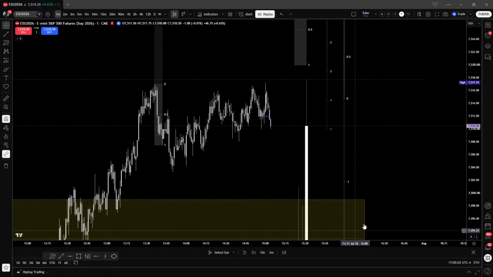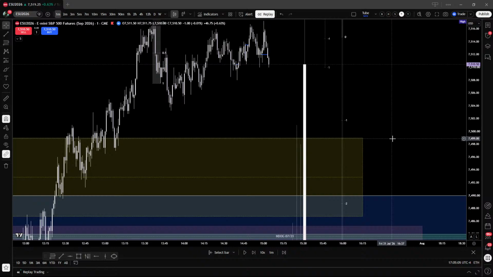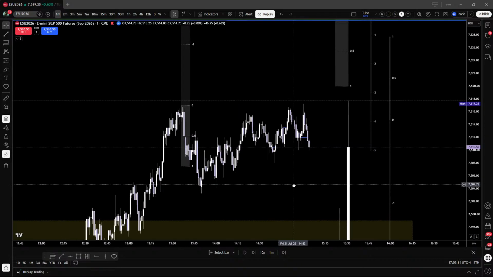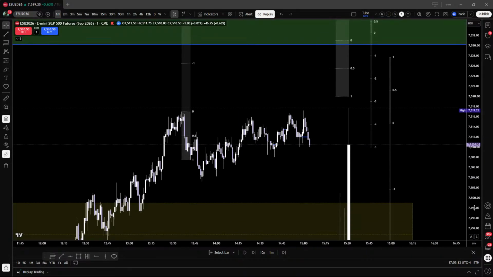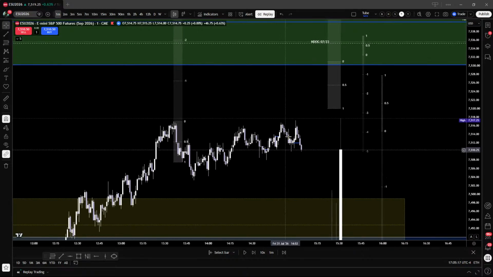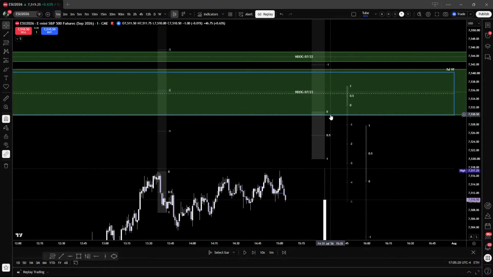So now price will go back down here. It didn't. But again, I explained we had some good reasons to expect the price to keep on going into this volume imbalance.